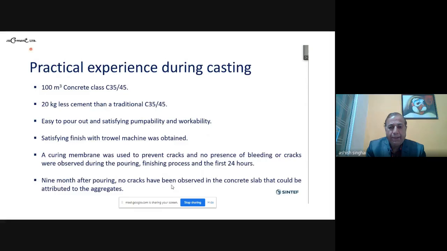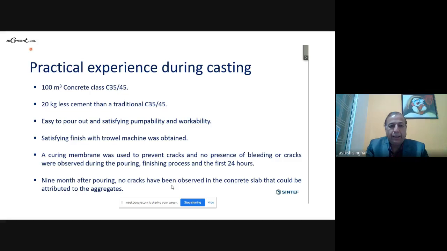Now, what is the practical experience during casting? 20 kg less cement was used to get the same strength, so you're saving on cement also. Workability was fantastic, and finishing and everything was quite okay. A curing membrane was used to prevent cracks, and no bleeding or cracks were observed during the pouring and finishing for the first 24 hours.